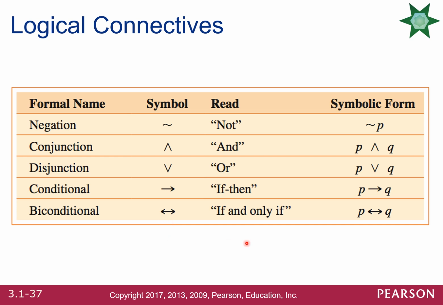It's a bidirectional arrow, and we write it as P if and only if symbol followed by Q. All right.